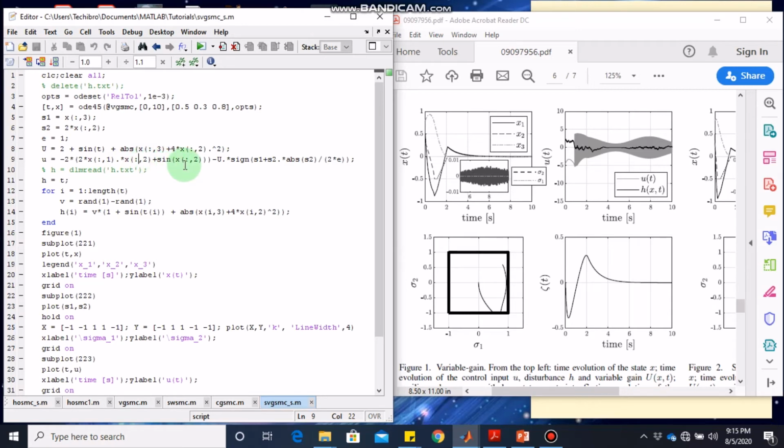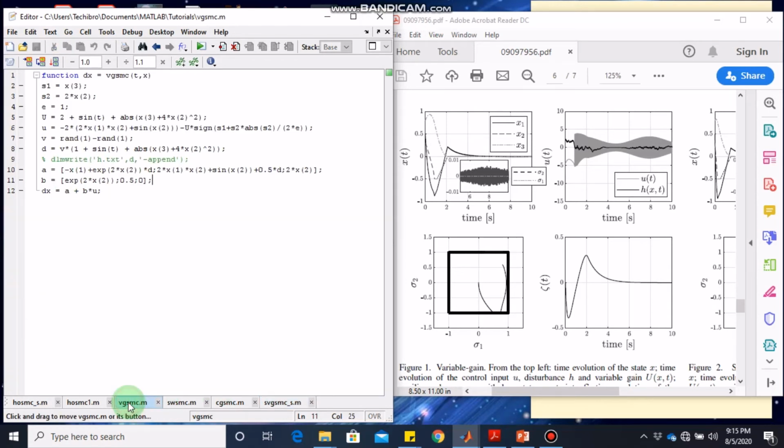So you do this, and then H is not straightforward to recreate, because here we have defined this random variable V which is generated inside the function file. To export this variable, you can use dlmwrite to write it in a text file, but this makes the code very slow.